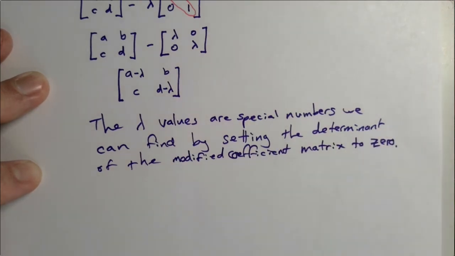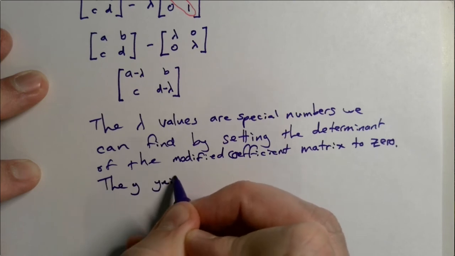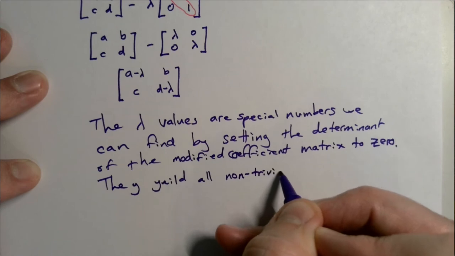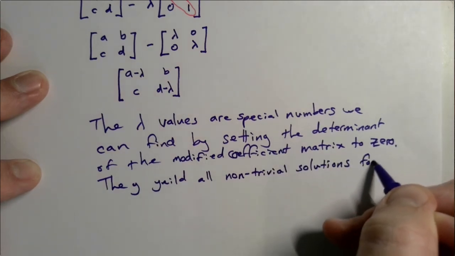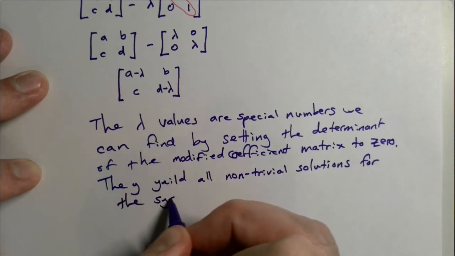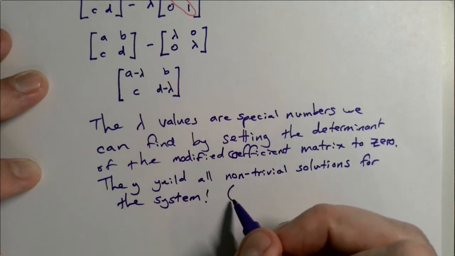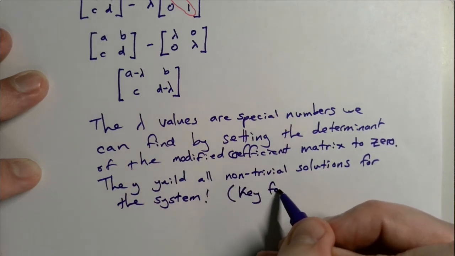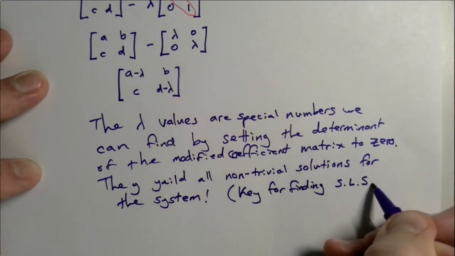And what they're going to do for us is they yield all non-trivial solutions for the system. And those non-trivial solutions are going to turn out to be the key for finding the straight line solutions that we're after.